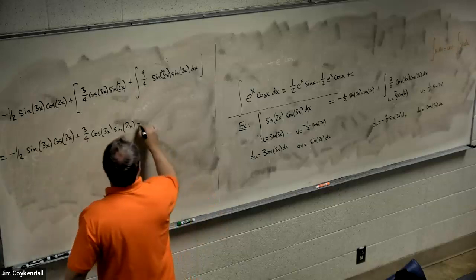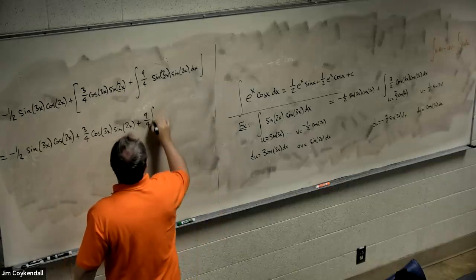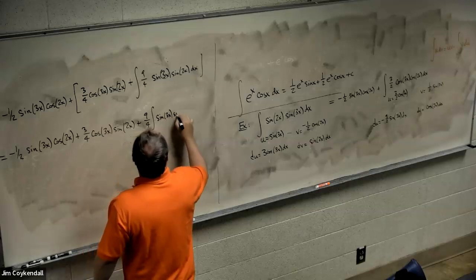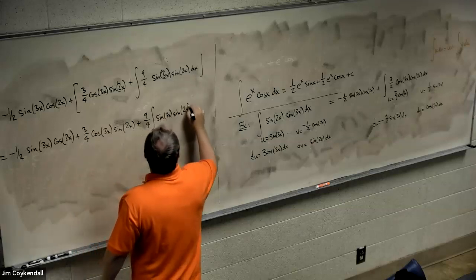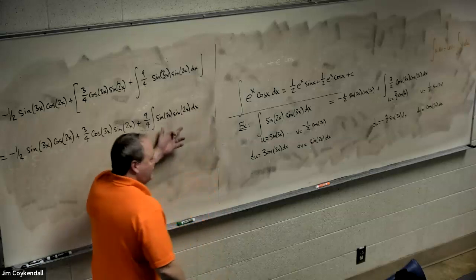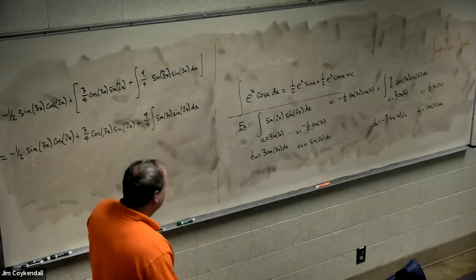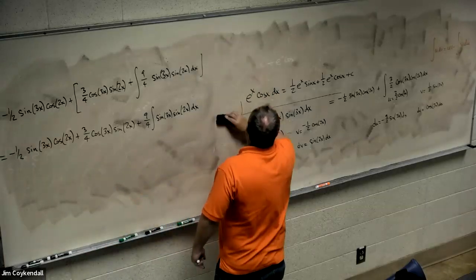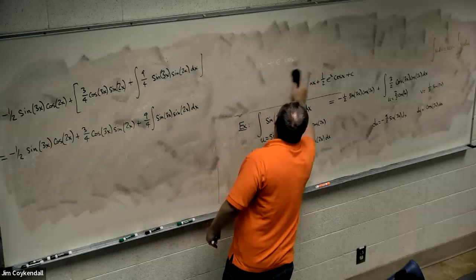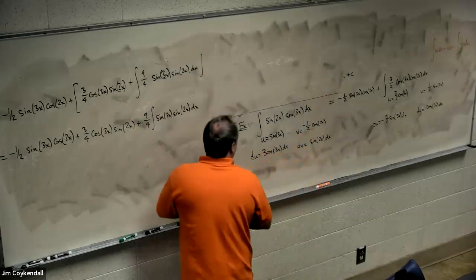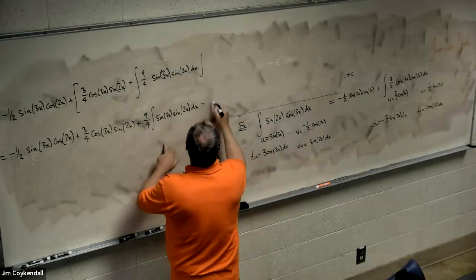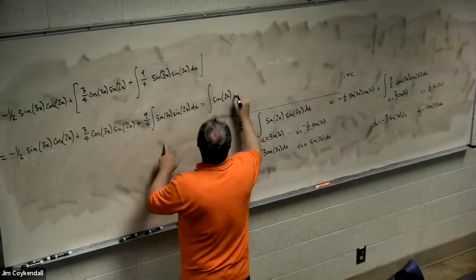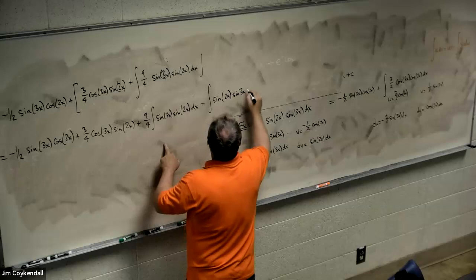And this is going to be plus 9/4 integral of sine 3x sine 2x dx. And we're back to where we started again. Just like before. Remember, after all this work, remember where we started. This is equal to the integral of sine 2x sine 3x.